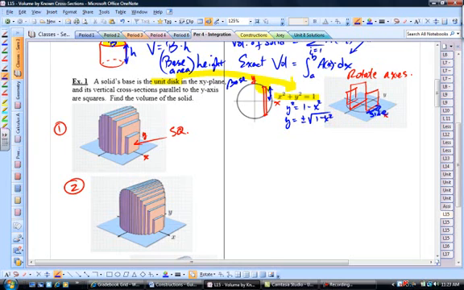So this y value right here at the top is the positive root of 1 minus x squared. And down here at the bottom, this y value is going to be y is equal to negative of the root of 1 minus x squared. So the negative root is the lower half, and the positive root is the upper half.